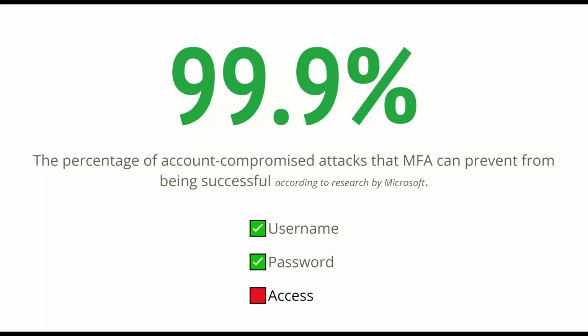It is incredibly reliable and incredibly robust. And granted, there are more secure and less secure versions of multi-factor authentication, but having any form of MFA in place is going to dramatically improve your security posture.